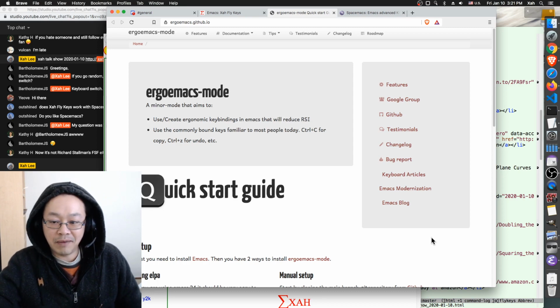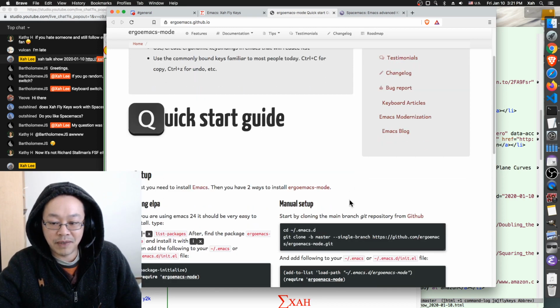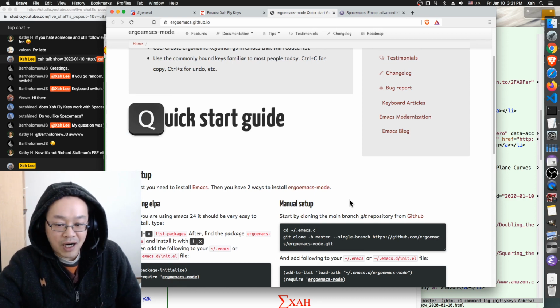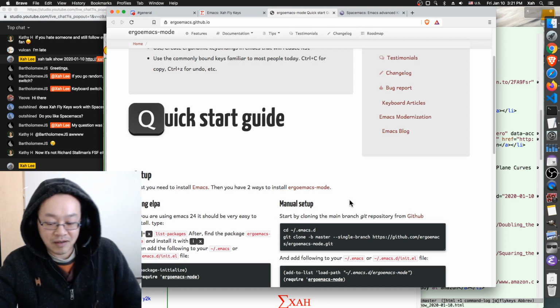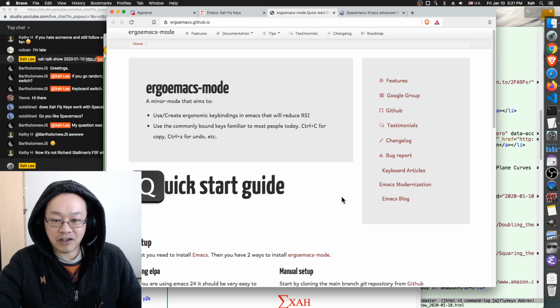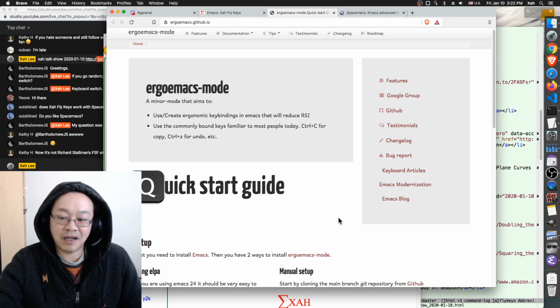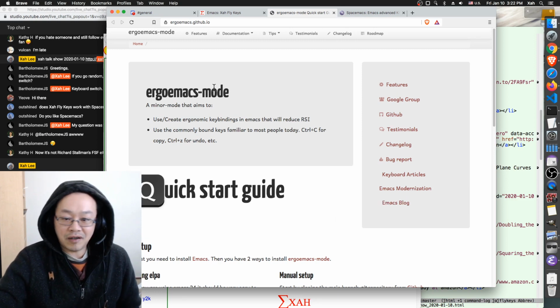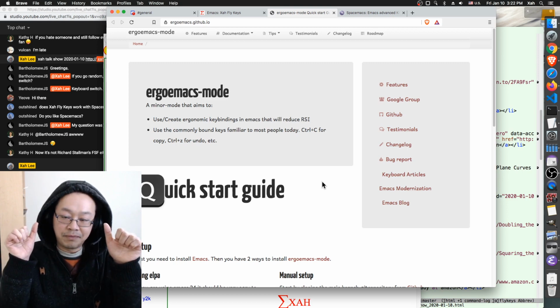Though at one time he also started to experiment with modal, but that became a bit rotten. So the modal feature in ergoemacs mod is not robust, something like that. So anyway, ergoemacs mode is not modal. It's based on using your thumb on the Alt key.